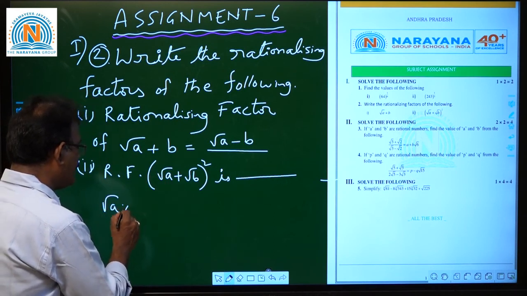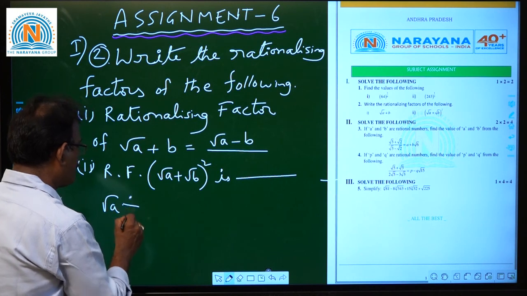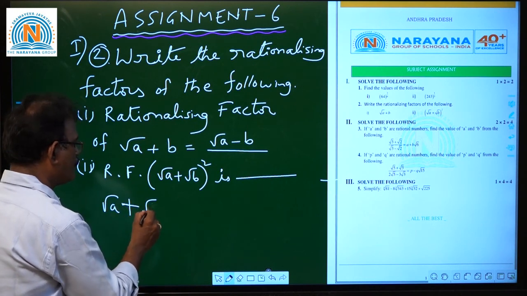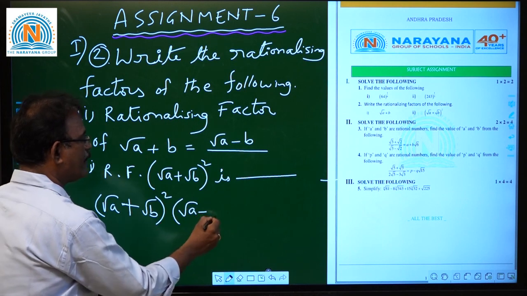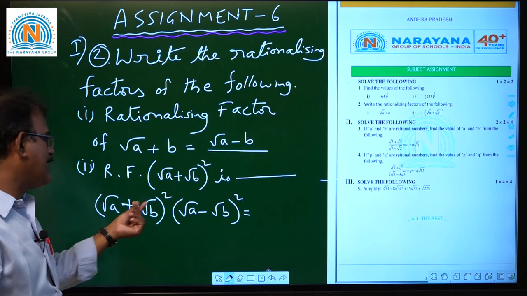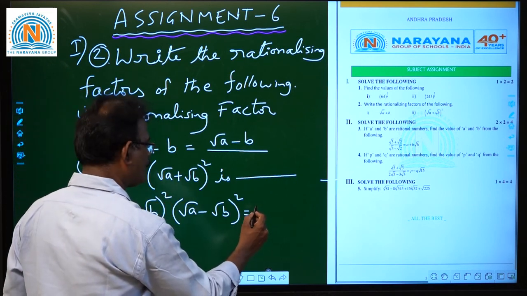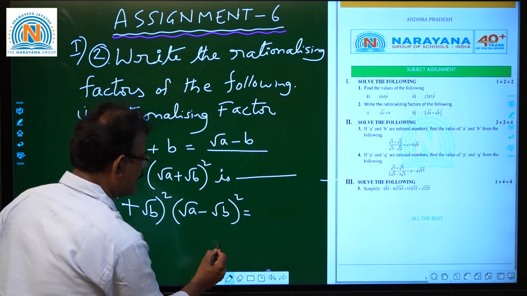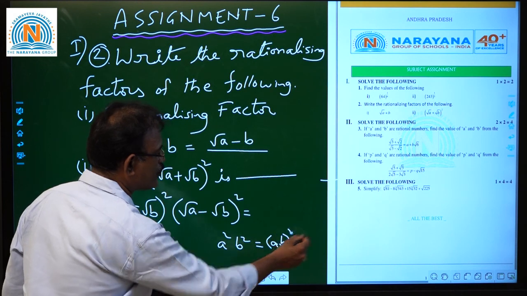If you multiply (root a plus root b) whole square with (root a minus root b) whole square, as both are multiplied 2 times, this is like a square into b square, which is (a into b) whole square.